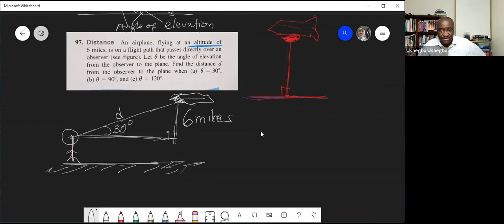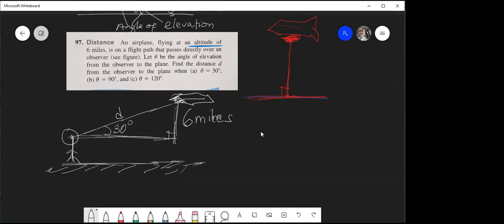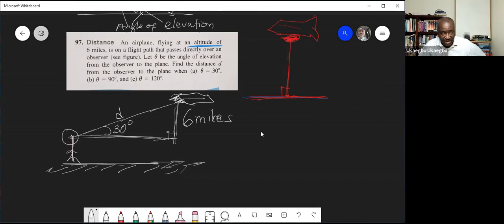So now once you have a right triangle, what comes to your mind? The angle. Yes, the angle is there. One of the distances is given, and another distance is what they are asking you to find. So what comes to your mind? There is this thing that is called SOH CAH TOA. I'm sure nobody has heard of it before. Have you heard of it?